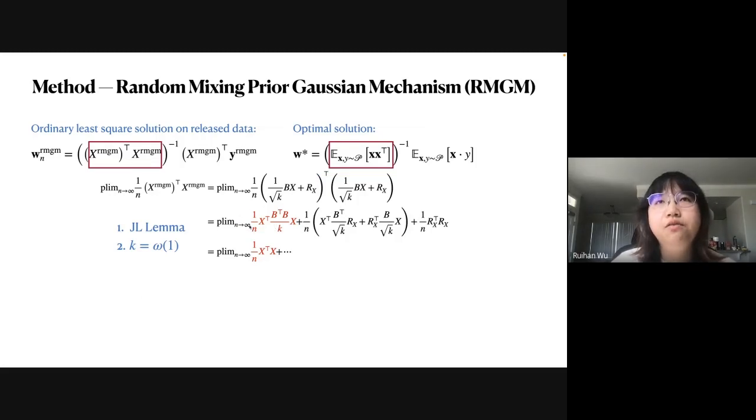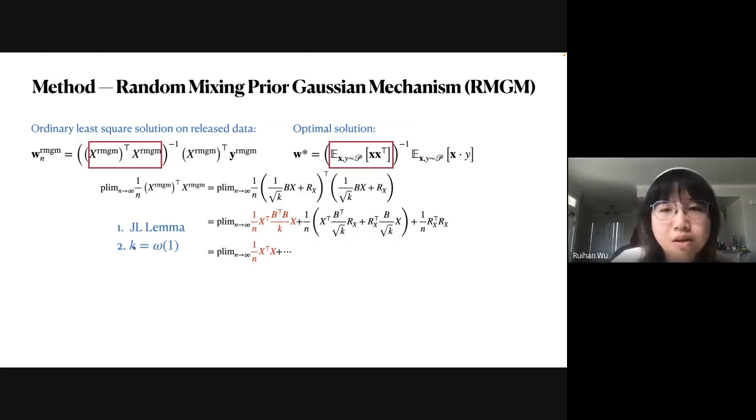So here, if we think of the set of vectors in the JL lemma as the column vectors of X, then by applying the JL lemma, it will approximate X transpose X, because each entry in this X transpose X is just an inner product between the column vectors of X. Moreover, we need this K to be omega 1 to make this convergence in probability hold.